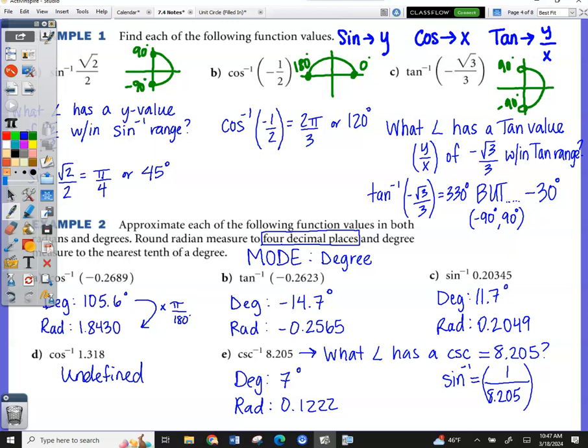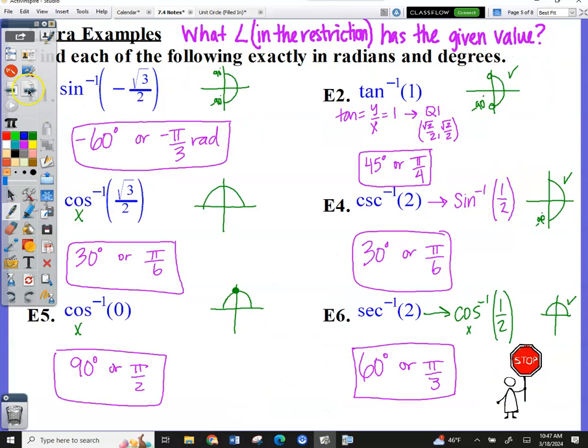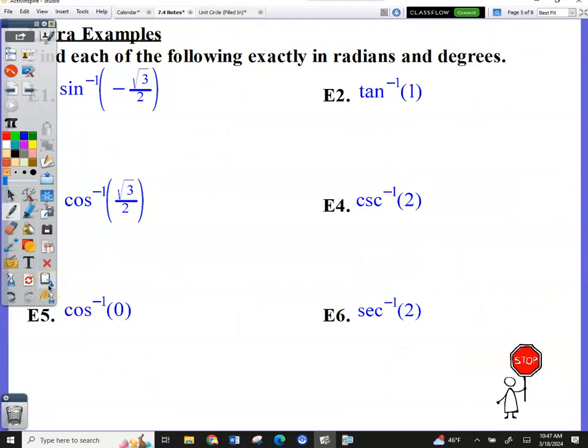Well, sine runs from negative 90 to 90. So go to your unit circle and only pull an answer from either quadrant 1 or 4.